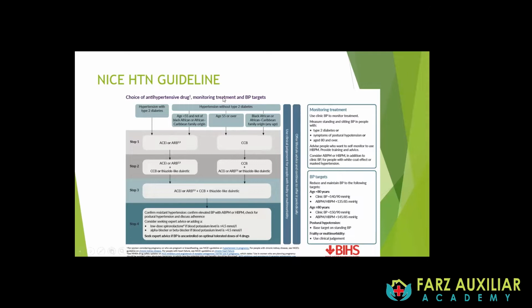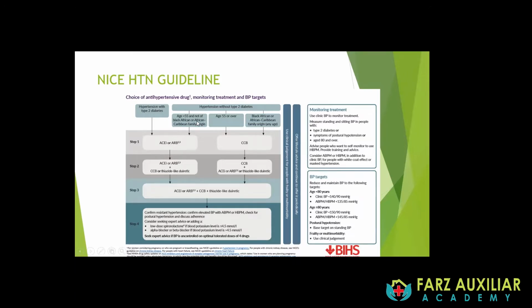The funny thing about this guideline, look carefully. We first differentiate all hypertensive patients into 2 categories. Do they have diabetes or they don't have diabetes? Most of our population don't have diabetes. So this is the bigger group.